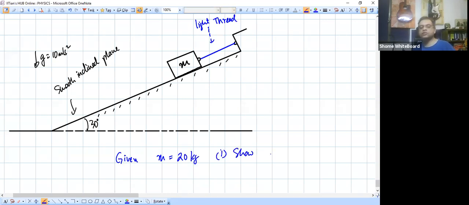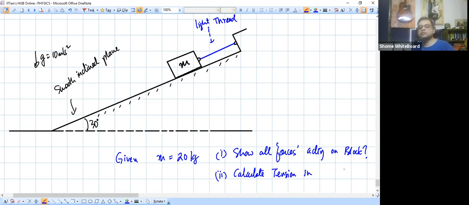show all forces acting on the block. Okay. And then calculate the tension in the thread, and also calculate the normal reaction between the block and the inclined plane.